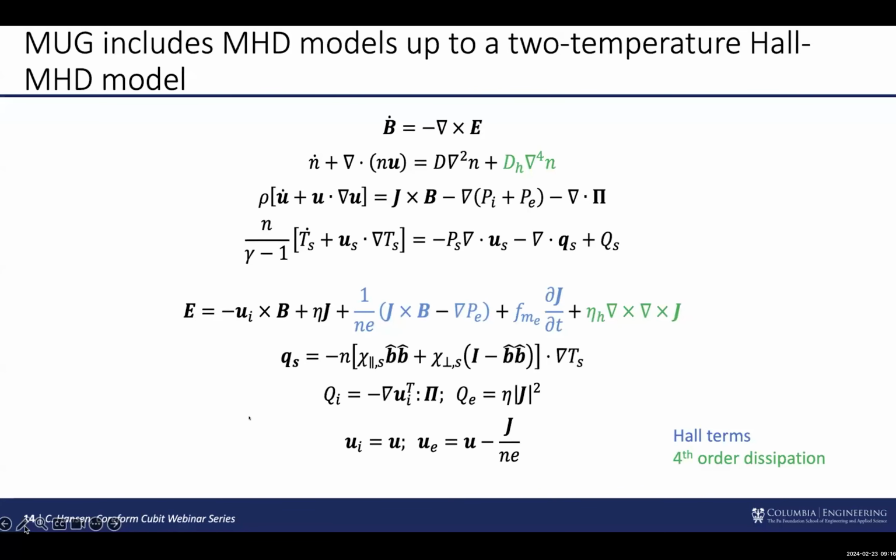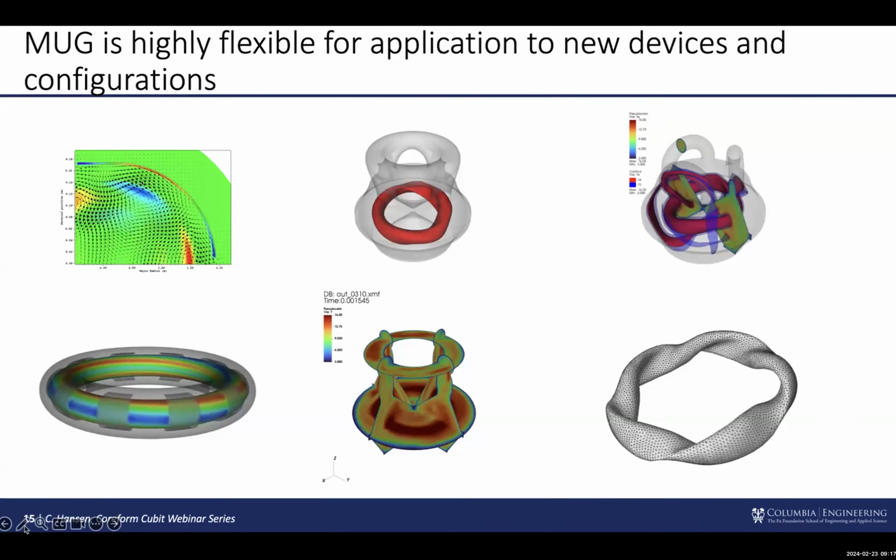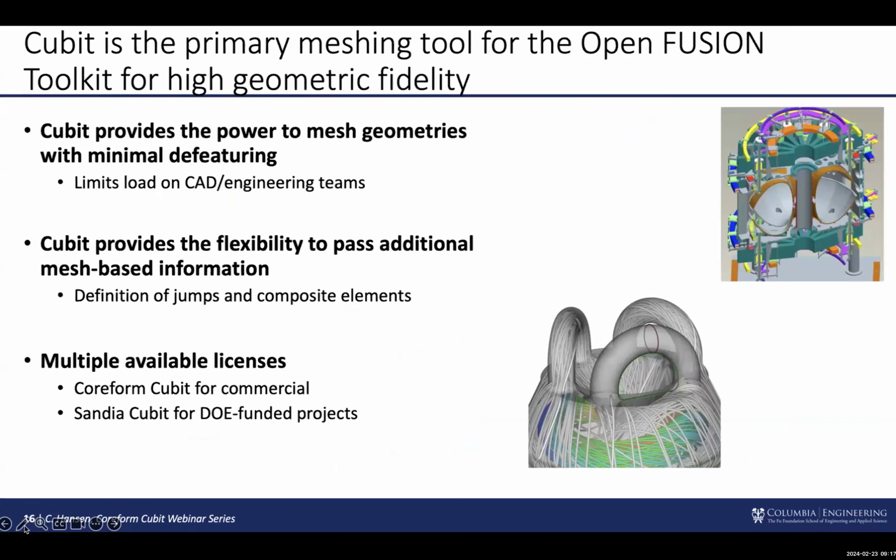And then all this is coupled to Maxwell's equations here, given by this generalized Ohm's law and some relatively complex transport. You often have highly anisotropic transport relative to the magnetic field direction, as I mentioned. And similarly, this is a highly flexible tool, which allows us to basically take any given plasma representation, mesh it up, and run simulations on it.